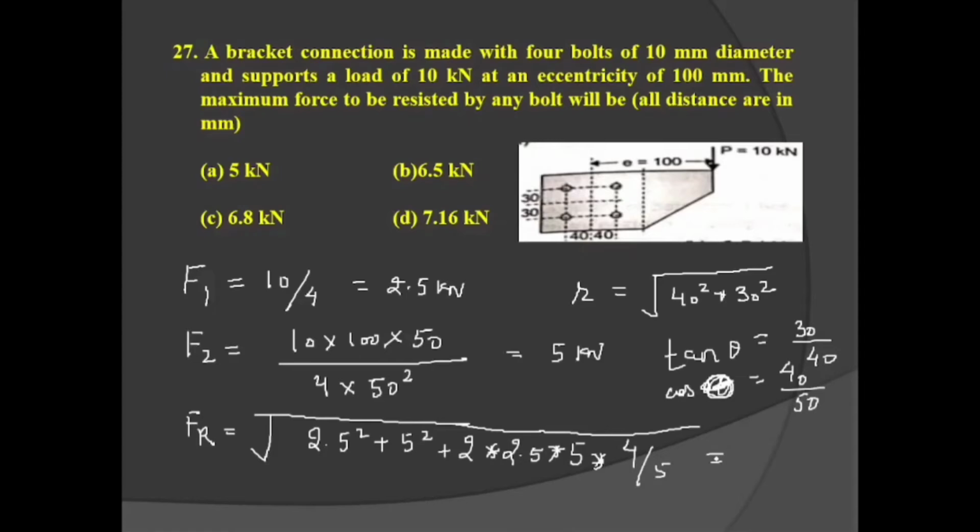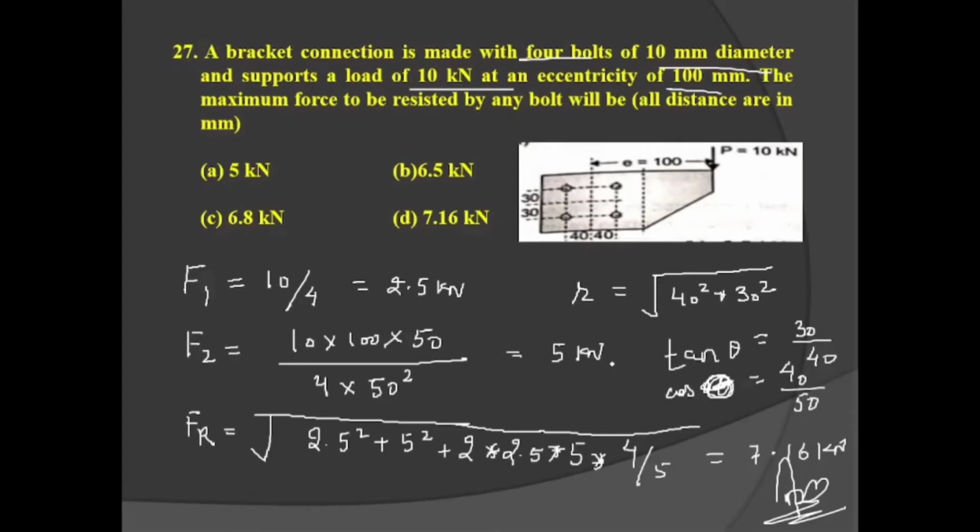After solution I found the value equals 7.16 kilonewton. Same thing. Here 4 bolts are there, that's why the applied force has been distributed in the 4 bolts. 10 mm diameter, no requirement. The load is given, eccentricity is given. After converting all the units, we find the value equal to 7.16 kilonewton.